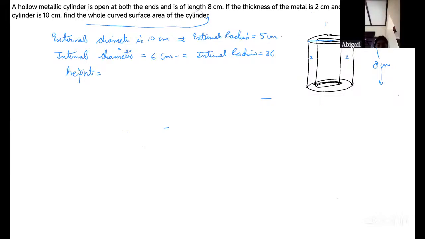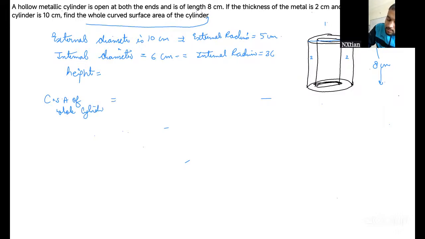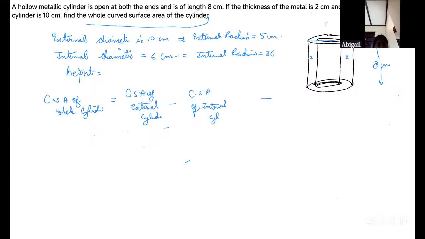Yeah, sir. And now it is said that it is open from both ends, like there are no circular faces. So what we have to find? CSA. So CSA of whole cylinder is equal to CSA of external cylinder minus CSA of internal cylinder. Did you understand?